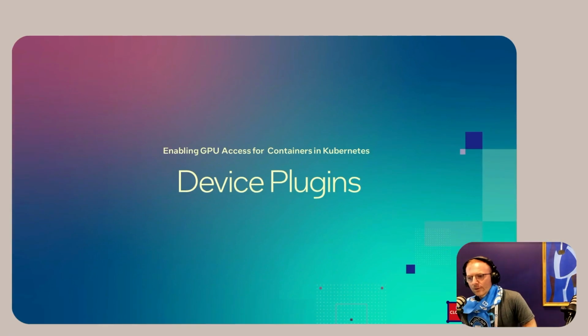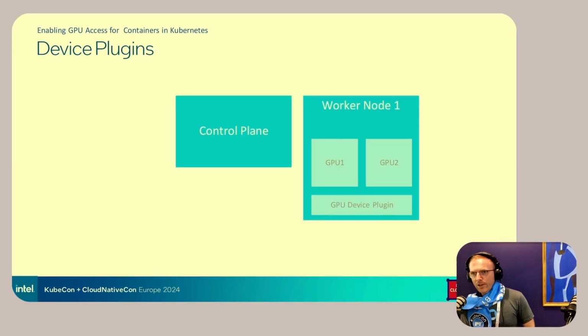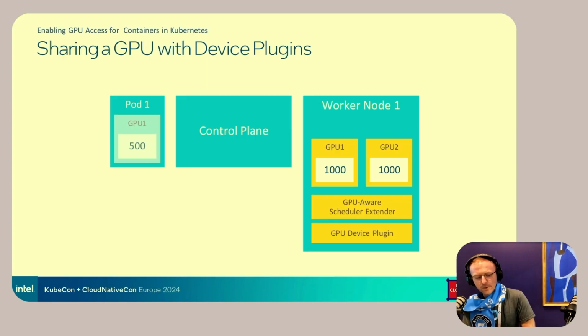Traditionally, there were device plugins and they allowed the workloads access to the accelerators, but they are a fairly crude and simple mechanism to allow access to the whole device. To get such a device shared between the workloads, the engineers and administrators had to install additional software into the Kubernetes cluster, something called scheduler extenders.